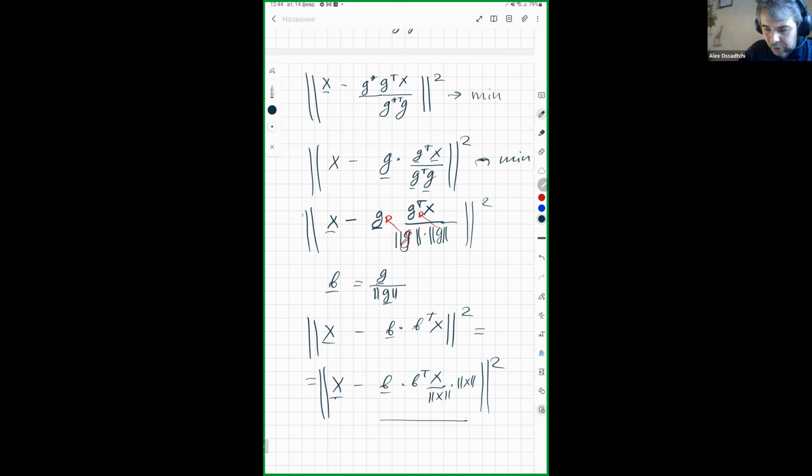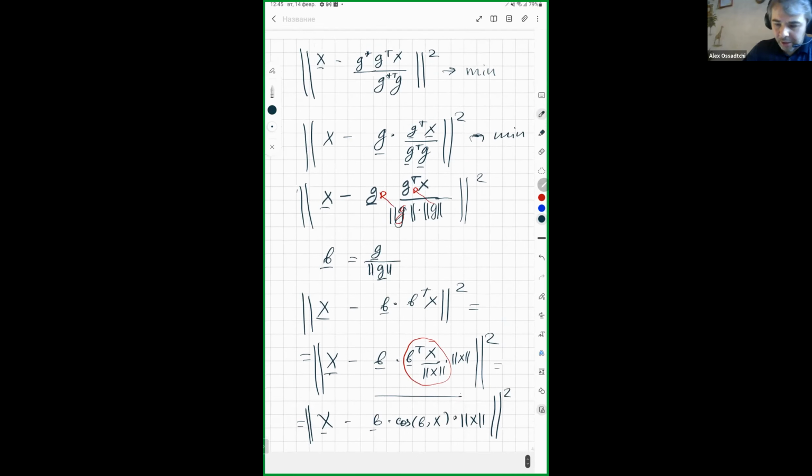But if you look at what this is, it is simply a scalar product between the unit length vector b, because it's normalized, and the normalized vector of your data. That means it's a cosine between b and x. That's where I was aiming at all this time. Therefore you can rewrite this as x minus b multiplied by the cosine of b and x, and multiplied by the norm of x.